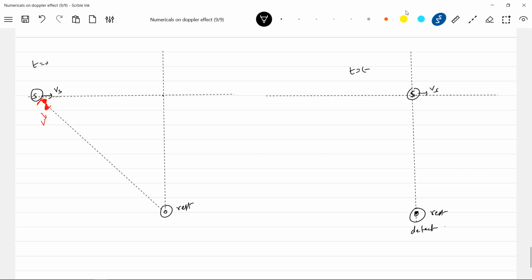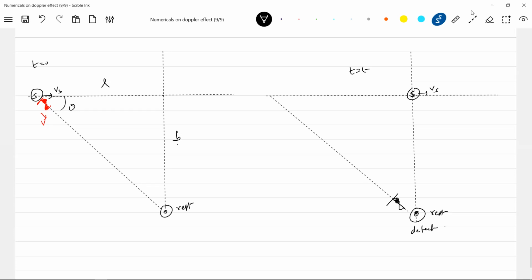Can you apply any Doppler effect formula? I'll give some distance, so let this be L, let this be B. I'll give some coordinates. So what is the condition? The detector is going to receive the waves at the instant when the source is at origin.